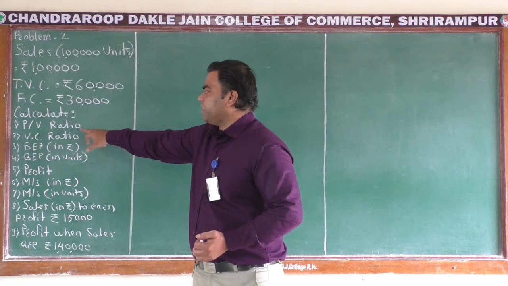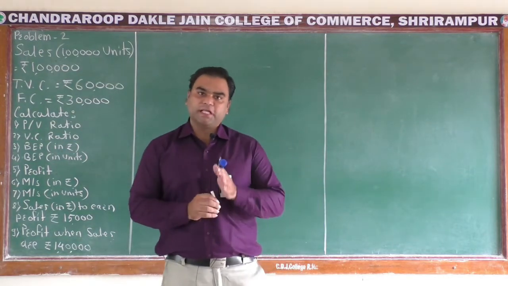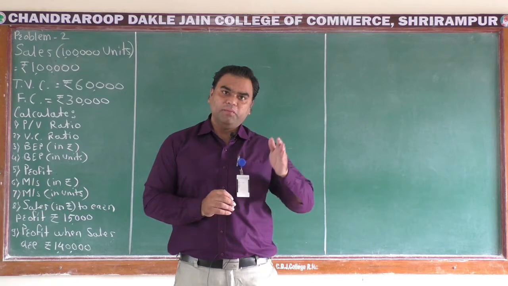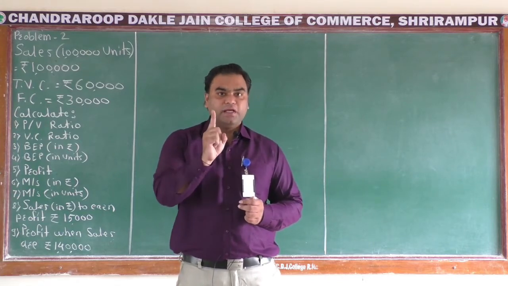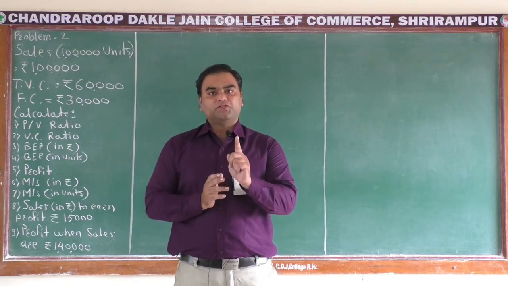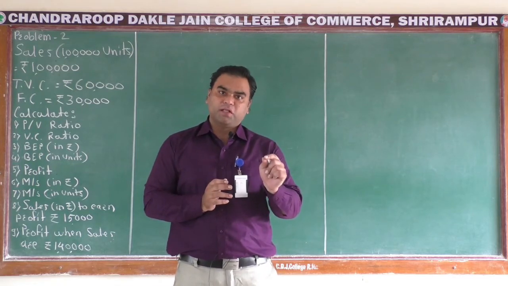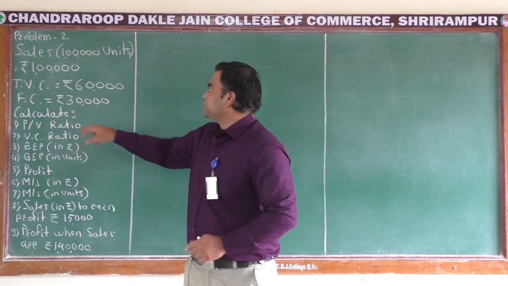First of all, we are asked to calculate PV ratio. PV ratio, which stands for profit volume ratio. But it is not actually the profit to sales ratio. It is actually contribution to sales ratio. That's why PV ratio is called contribution ratio or contribution to sales ratio.